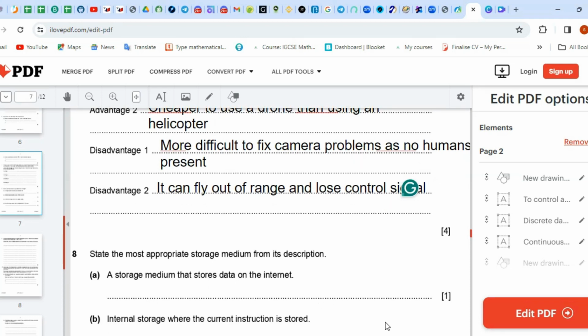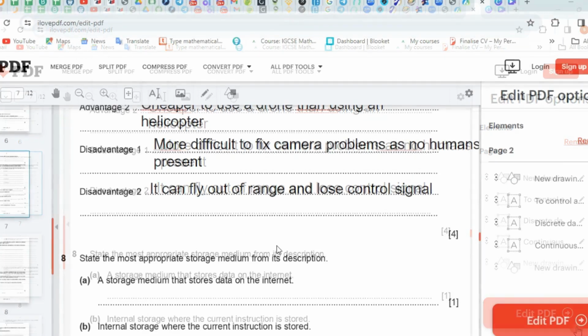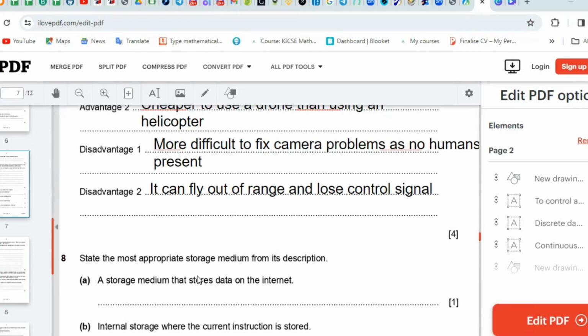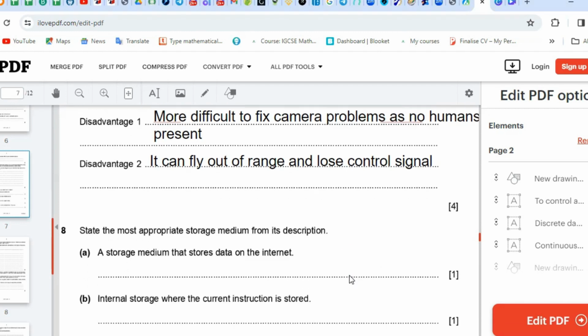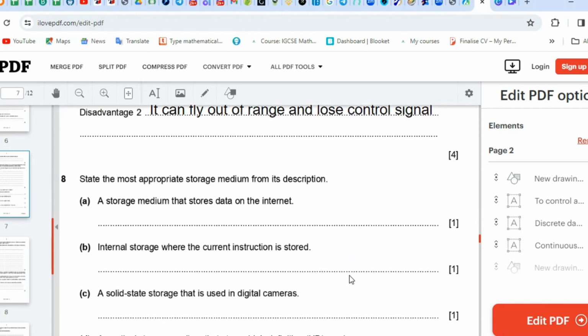So let's go to question number 8. Question number 8 says, state the most appropriate storage medium from its description. A storage medium that stores data on the internet.